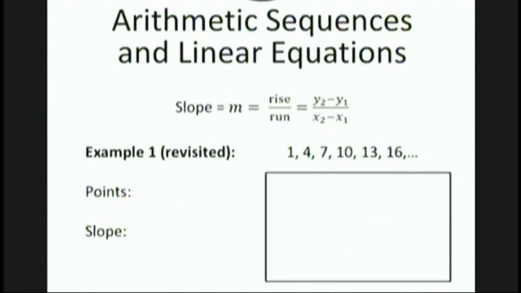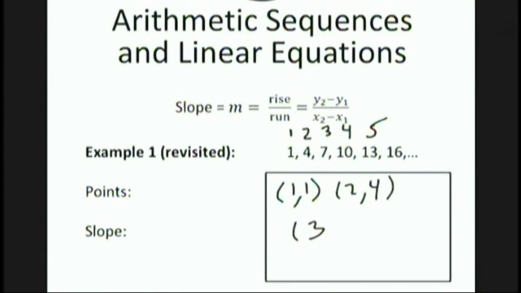Let's also quickly review the relationship between arithmetic sequences and linear equations. Remember that the slope of a line is rise over run, or y2 minus y1 over x2 minus x1. And let's look at the same example from before, and remember that we can identify the terms with points on a line. So we have, for example, the point 1, 1, the point 2, 4, the point 3, 7, and so on.